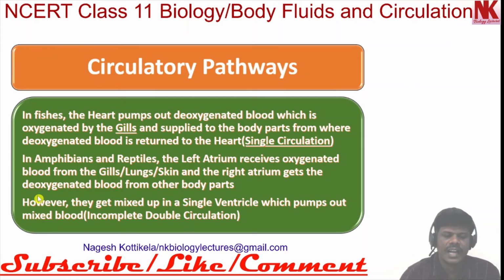The mixed blood is pumped out to all parts of the body by a single ventricle, and this type of circulation is called incomplete double circulation. So, in amphibians and reptiles, incomplete double circulation is found.